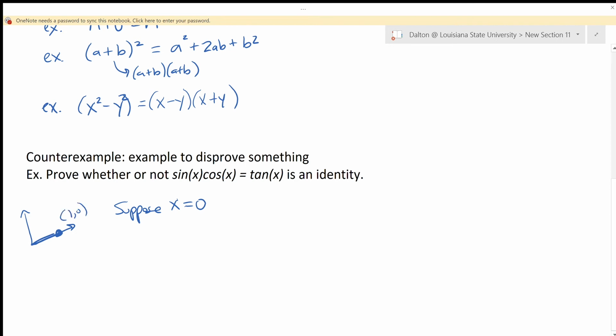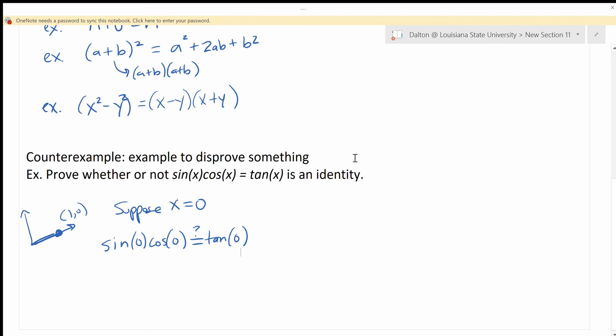So what I'm going to do is plug in, instead of x's, I want to know if the sine of 0 times the cosine of 0 is equal to the tangent of 0. If it is equal, then that means it works. If it's not equal, then I've found a counterexample.